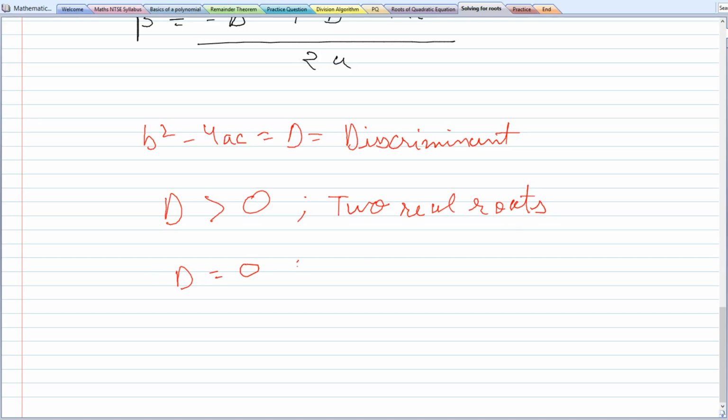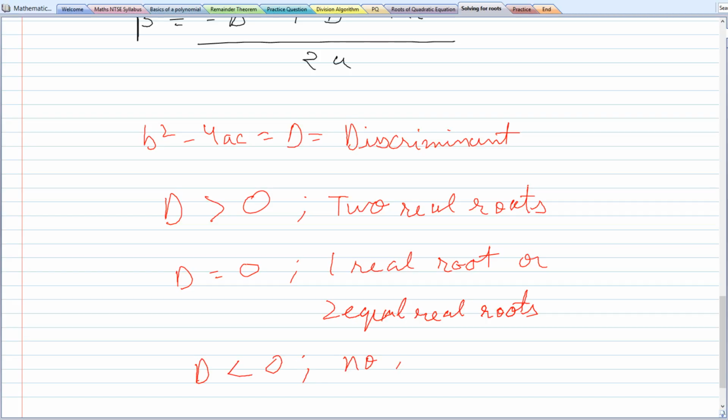If d is equal to 0, I have one real root for the equation, or it can be said as two equal real roots, right? If d is less than 0, I have no real roots. Is it clear?